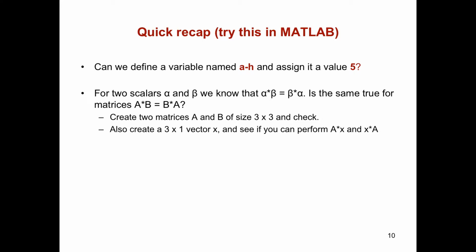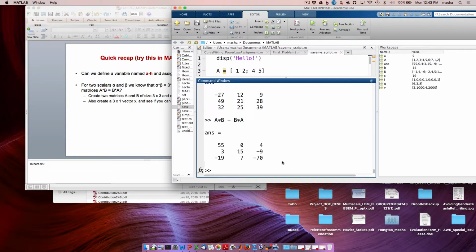Okay. And with vectors, it's even more obvious, right? If I have a 3 by 1 vector, let's define ourselves one. X is, well, I'm gonna go simple. Then A times X is possible, but X times A is not.